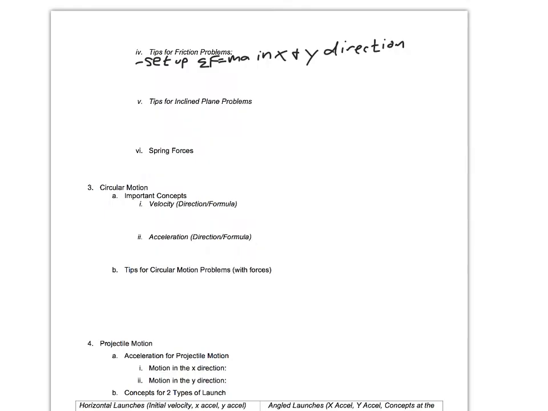A few tips here for solving these friction problems. First of all, we want to set up ma_x and ma_y, summing the forces in the x and y directions. We need to do that because we usually need to use our y forces to solve for the normal force. The normal force plays an important role here, since the force of friction depends on it. So we're usually going to have to use our y forces to solve for the normal force and then transfer that over to our x forces.